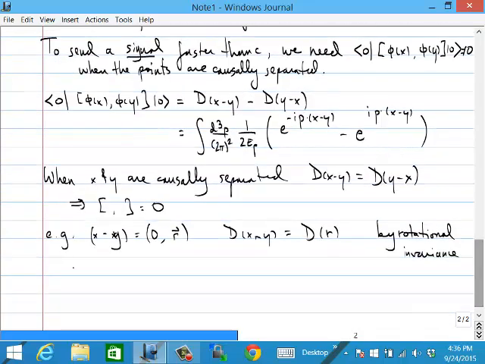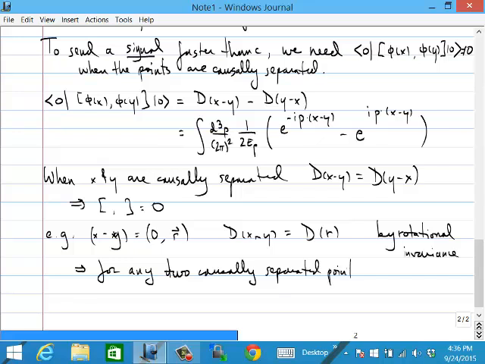And more generally, for any two causally separated points, there is a Lorentz transformation, that is to say, a symmetry of special relativity that interchanges x and y.